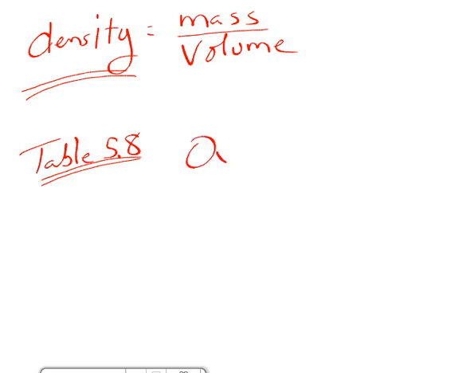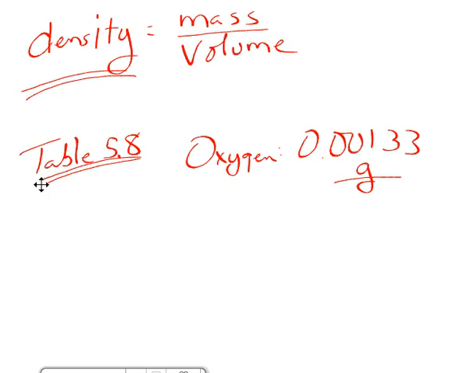For instance, oxygen gas density is 0.00133, and that would be in units of grams, a mass unit, divided by centimeters cubed, which is a volume unit. Hydrogen gas is even less. I'm not going to go through all of them.